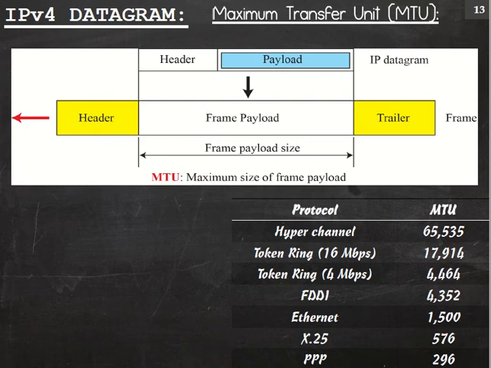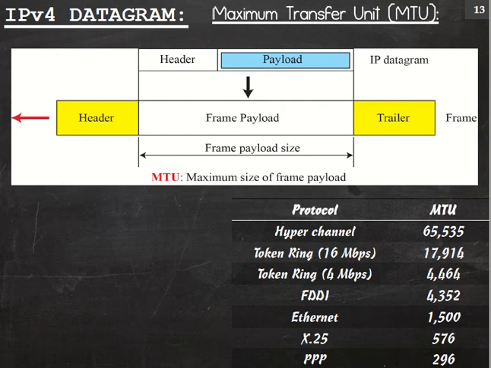When a datagram is encapsulated in a frame, the total size of the frame must be less than the maximum size. There is a maximum limitation on the size, which is defined by the restrictions imposed by the hardware and software used in the network.